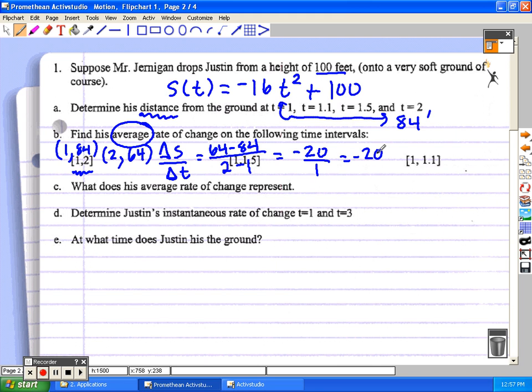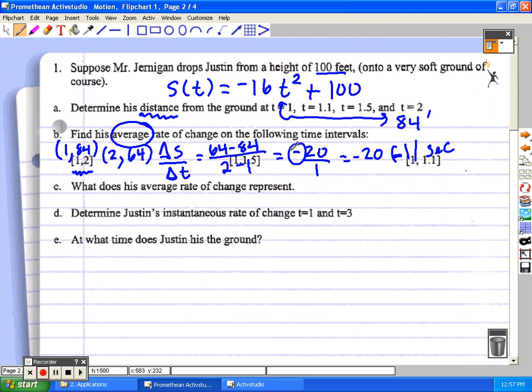It is a rate, feet per second. Now, you know and I know that the negative indicates that the object, in this case the object being Justin, is falling. Whenever the velocity is negative, the particle is falling.